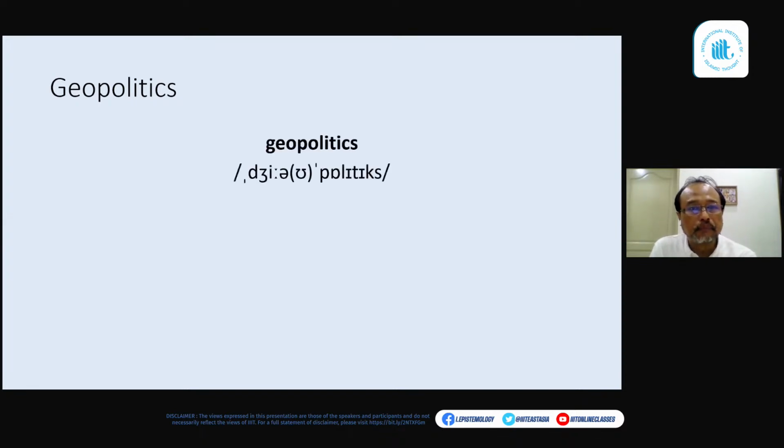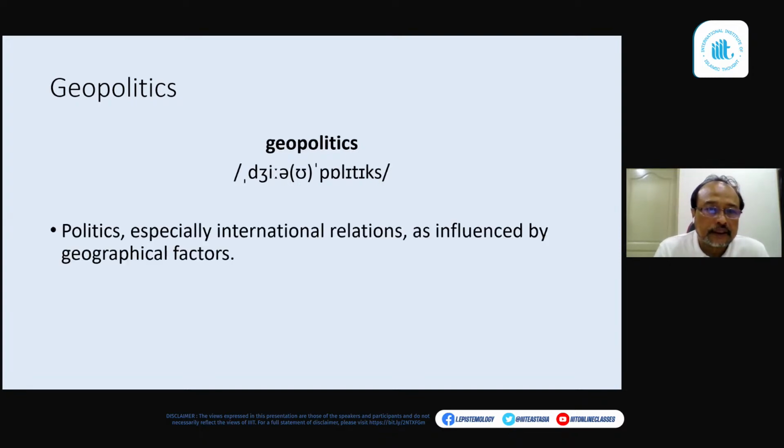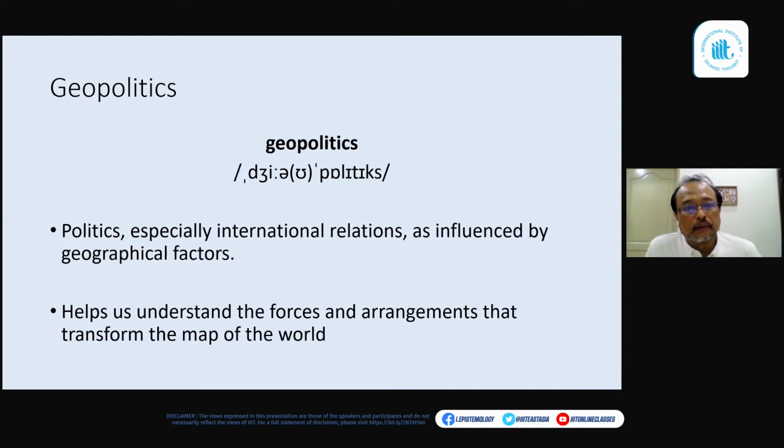Now, the word geopolitics in fact refers to politics, or especially international relations, as influenced by geographical factors, to look at how the geography of these states, for example, affects their politics and also their international relations with other states. So geopolitics helps us to understand the forces and also arrangements that transform the map of the world.